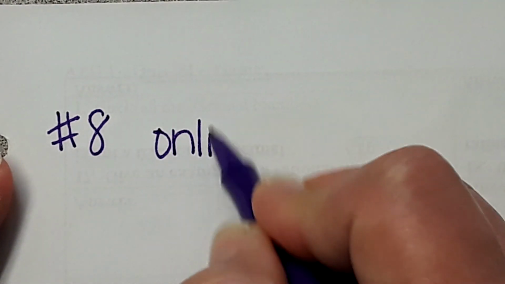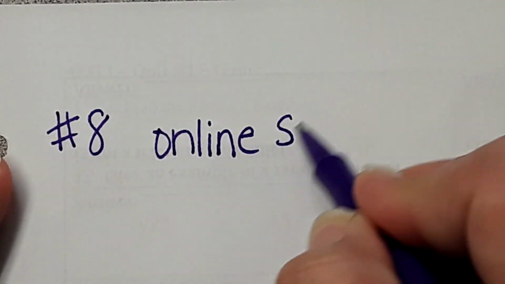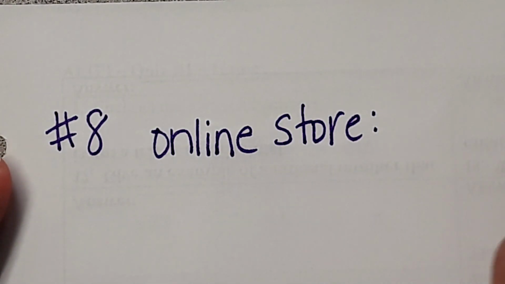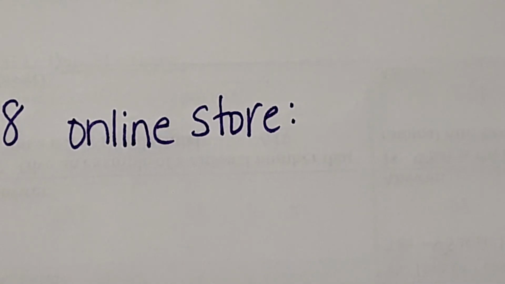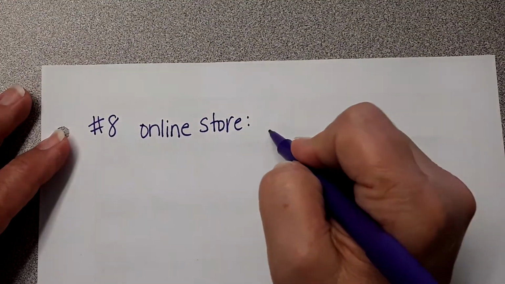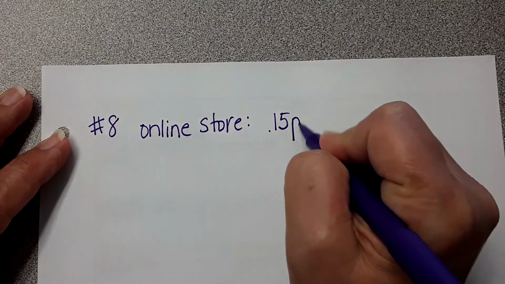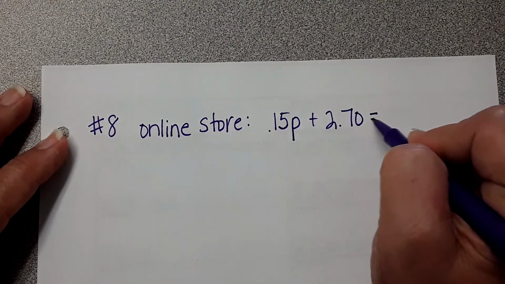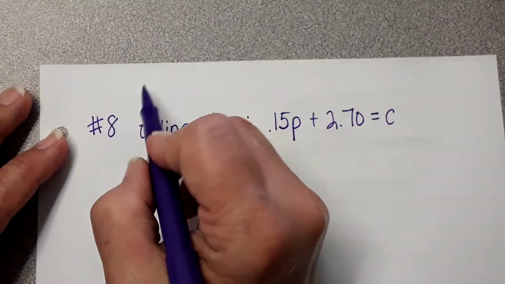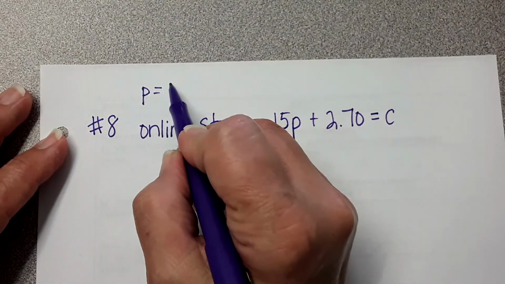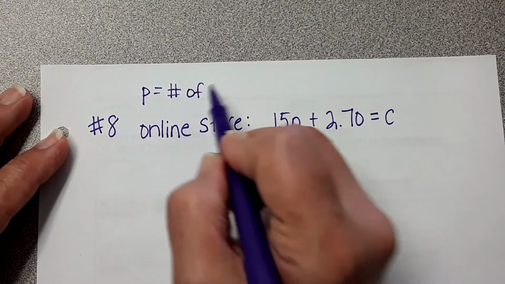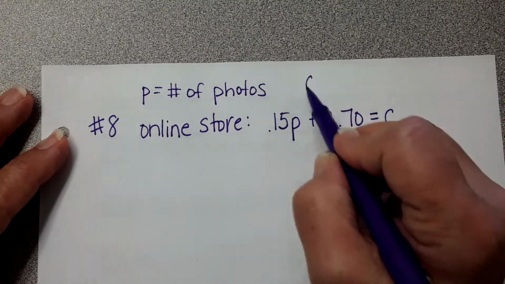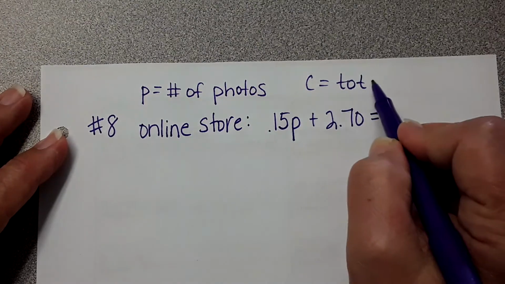The online store has photos for, if you get your photos done, it's 15 cents per photo, plus the $2.70, and that would equal your total cost. So I'm going to tell you that P means the number of photos, and C equals the total cost.